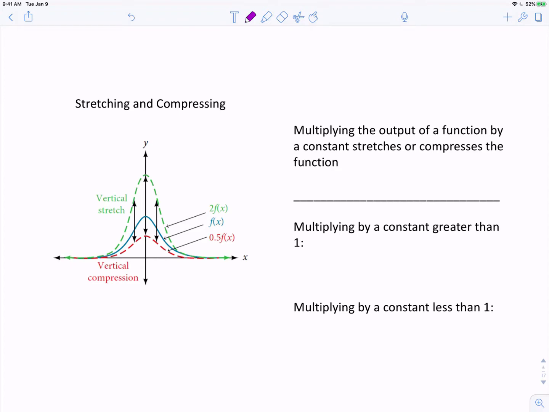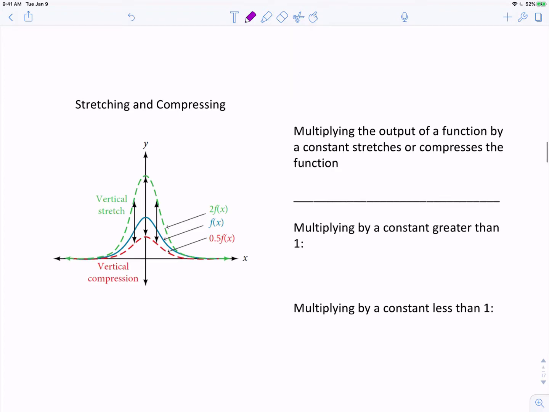If you multiply the output of a function by a constant, it's going to stretch or compress the function. So I have some pictures here of an original function, and when we multiplied it by 2, notice that the function got stretched vertically. So when you multiply by a constant greater than 1, you have a vertical stretch.